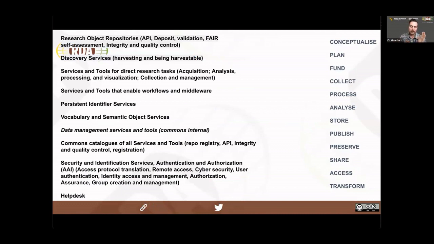On the left-hand side, where there's longer descriptions, are the categories, the top-level items in the GORC model under services and tools. On the right-hand side, in capital letters, are the much shorter and concise research lifecycle stages in the Maldreth model.